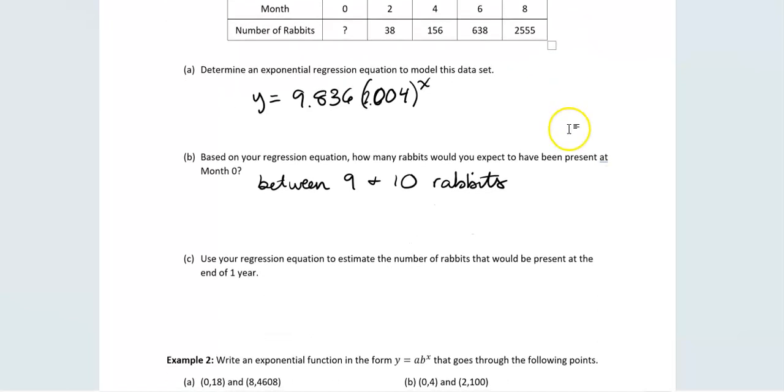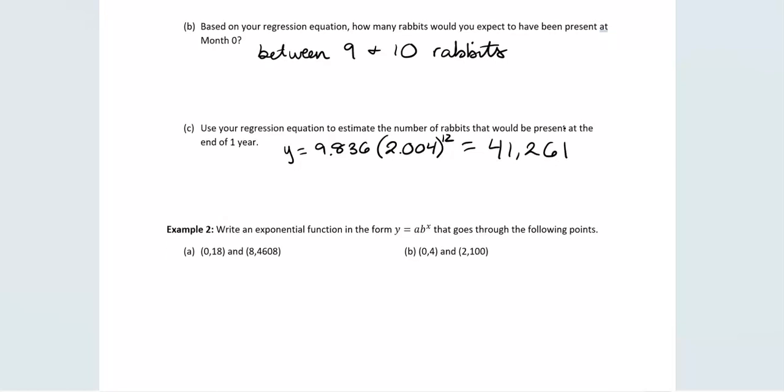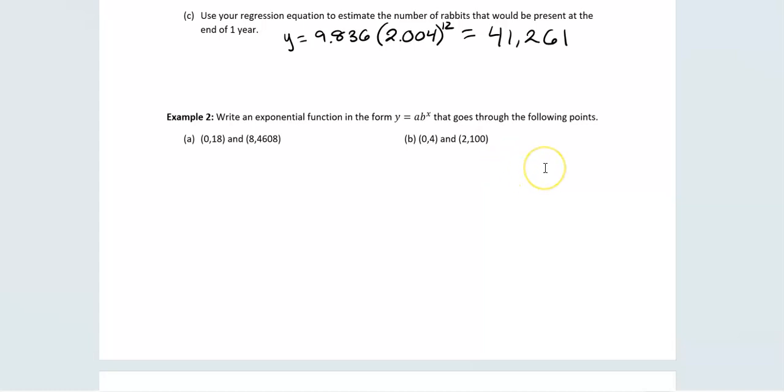Well, 12 months have passed. So that means that y is going to equal 9.836 times 2.004 to the 12th power. When you take that and type it into a calculator, you get 41,261 rabbits. That is a lot of rabbits. But that's how we deal with those real world situations.